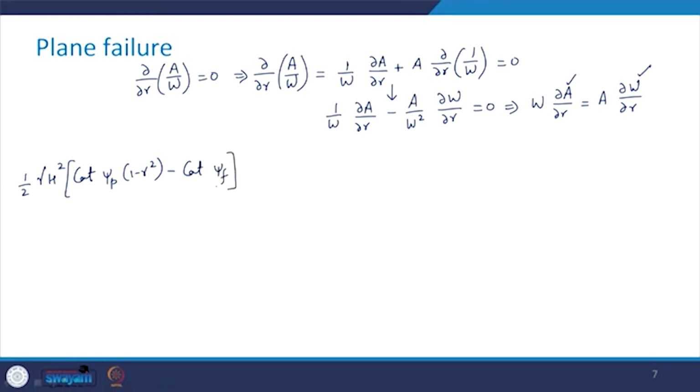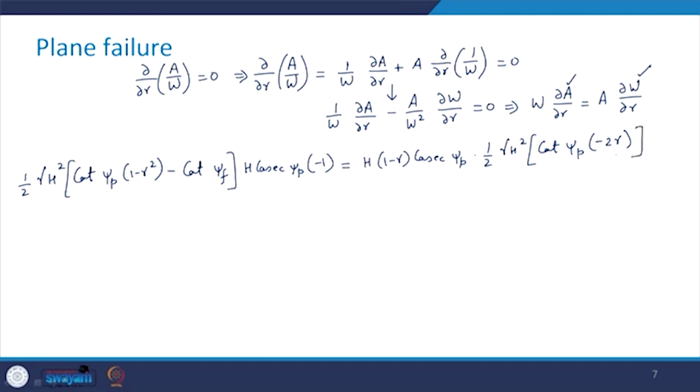This is the expression for W, and del A del r. So, this is what we are going to get: h cosec psi p into minus 1, and this would be equal to, I write the expression for A, which is h (1 minus r) cosec psi p, and del W del r. So, this is going to be half gamma h square, and we will get cot of psi p as it is, and (1 minus r square), and its differentiation is going to be minus 2r.